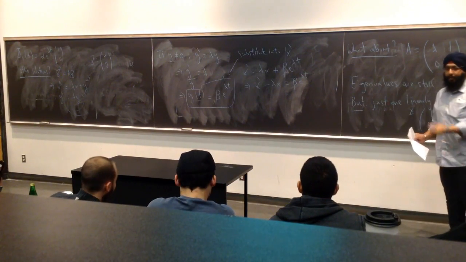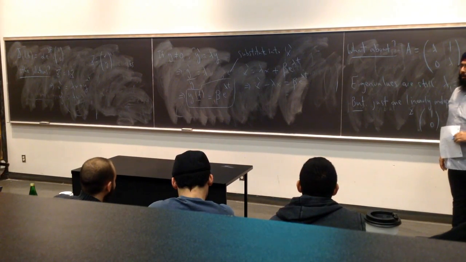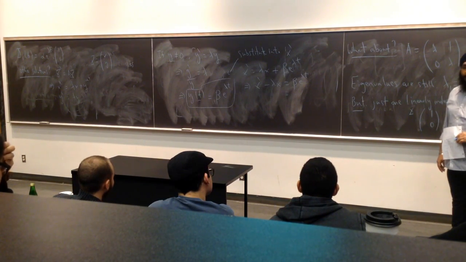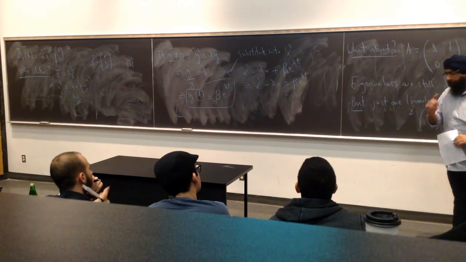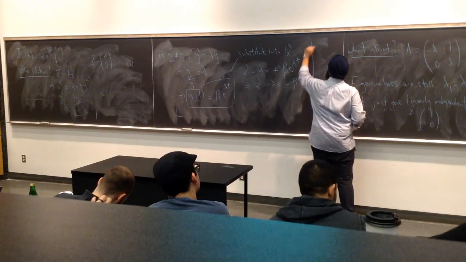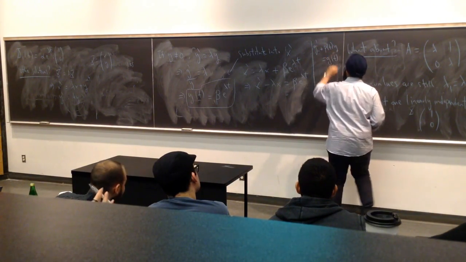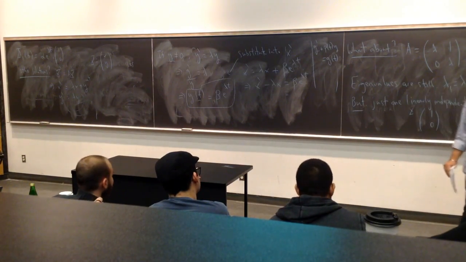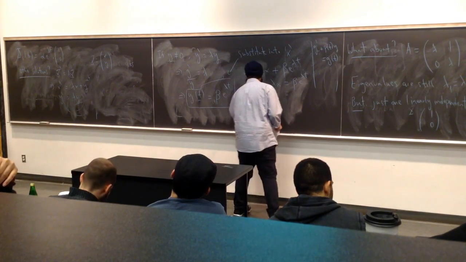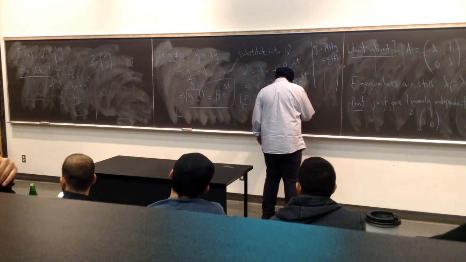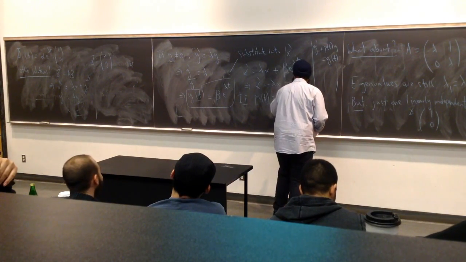Dare I ask you to solve this first order equation? What is the integrating factor? Remember, this is y prime plus p of t y is equal to g of t. And we solve it by using an integrating factor. Well, the integrating factor is just mu of t is equal to e to the minus lambda t.